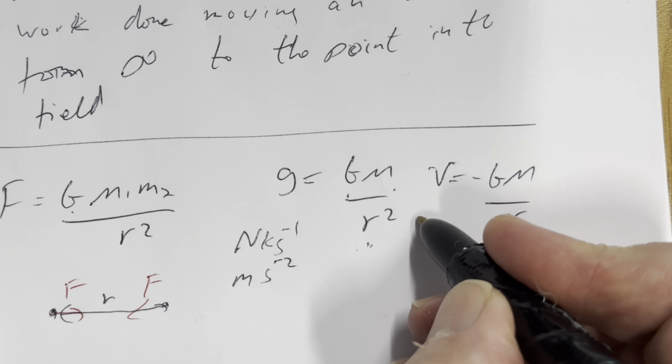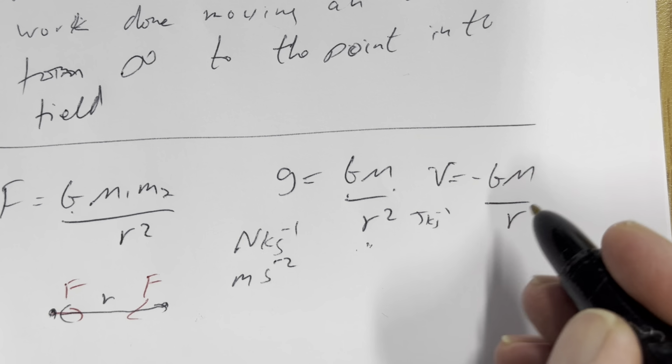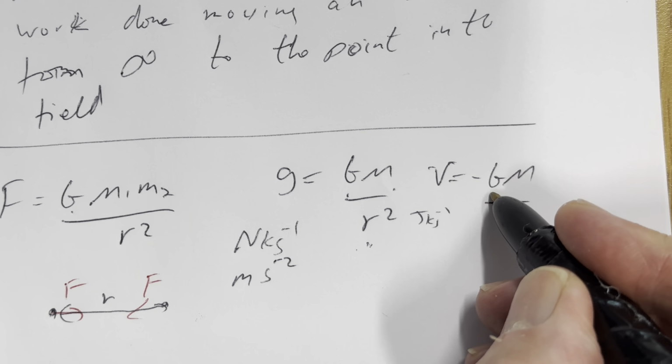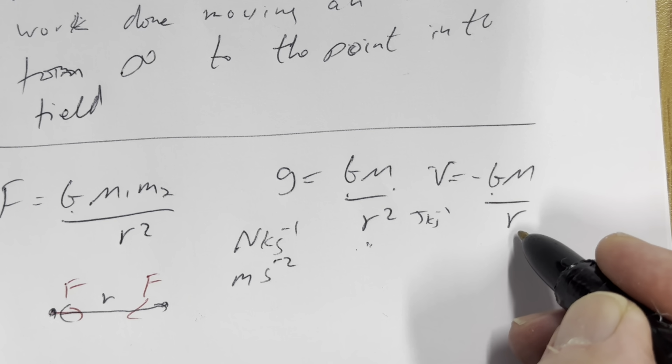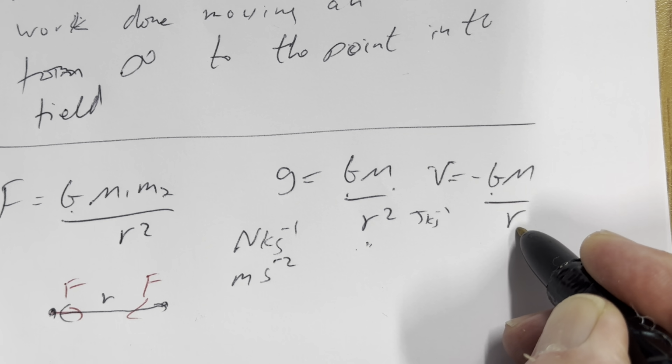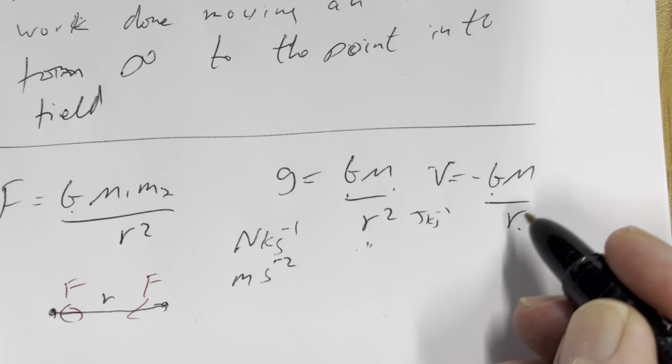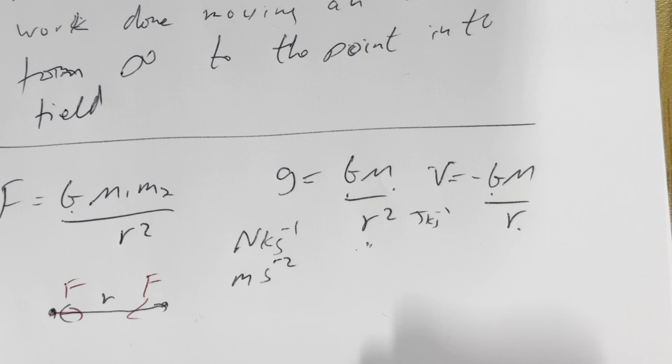So this is the potential in joules per kilogram. Again, G is the universal gravitational constant, r is the distance from the point to the centre of the spherical object, and M is the mass of the object.